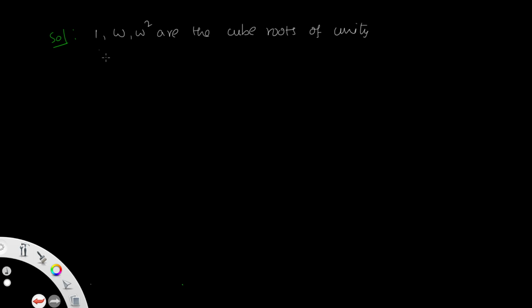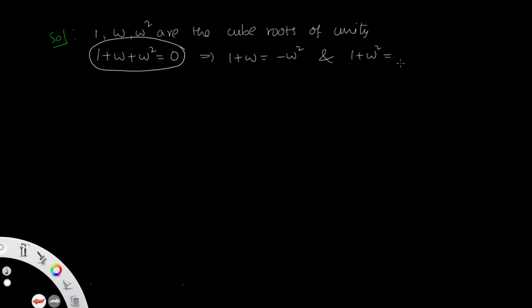Then we can write 1 plus ω plus ω² equal to 0. From this we can write, as convenient, 1 plus ω is minus ω² and 1 plus ω² is nothing but minus ω. So from this the basic property is 1 plus ω plus ω² equal to 0.